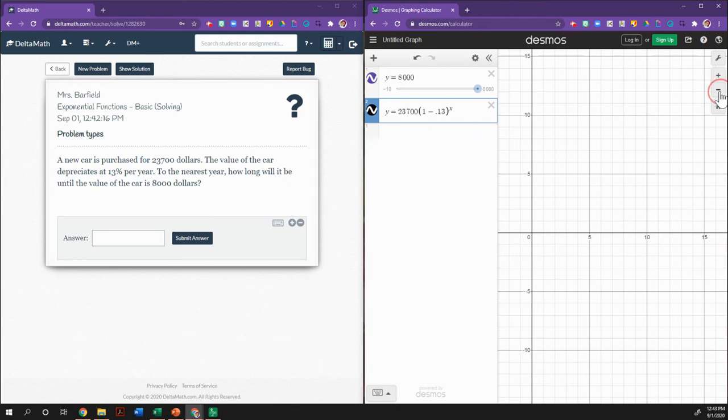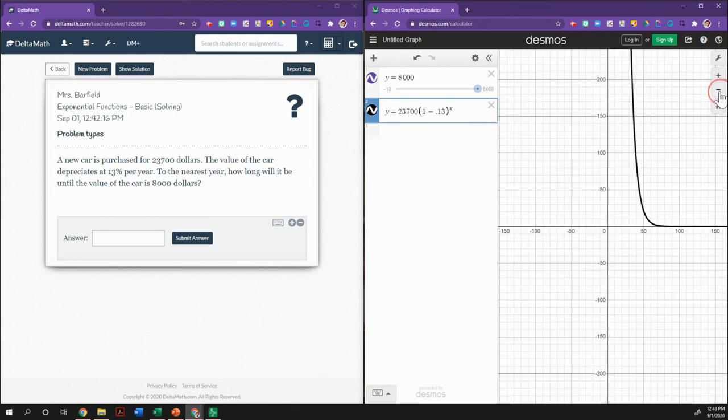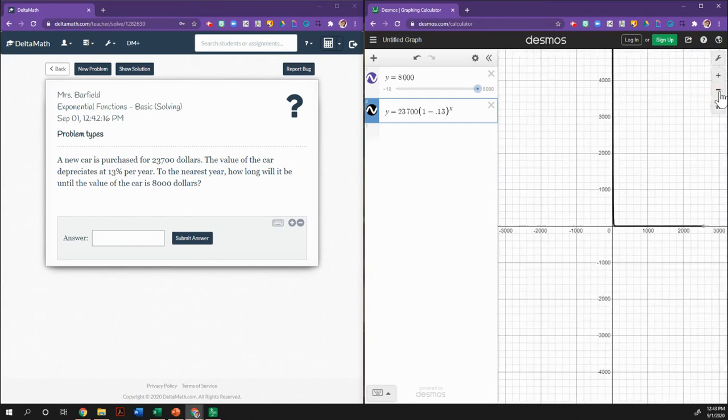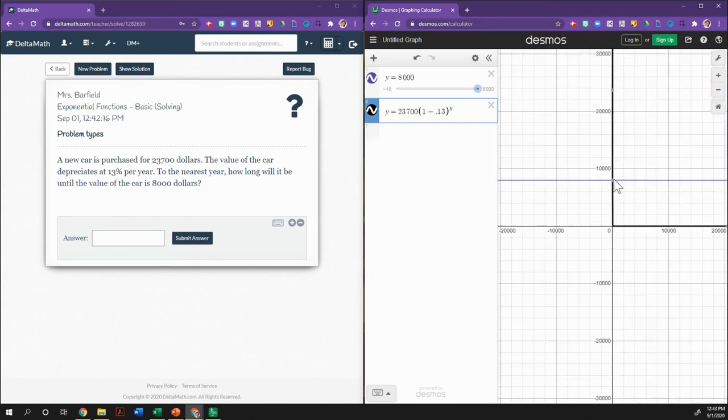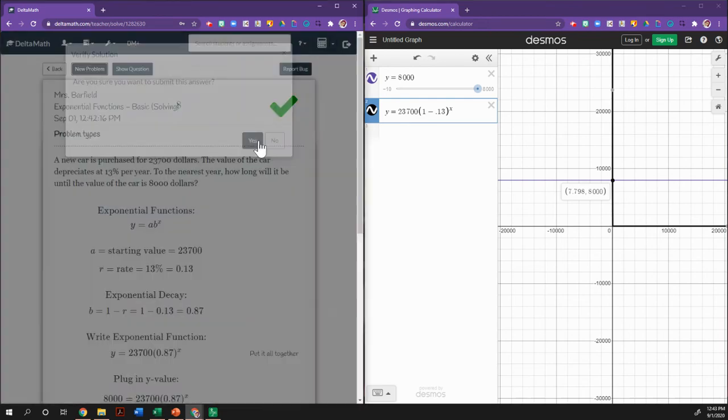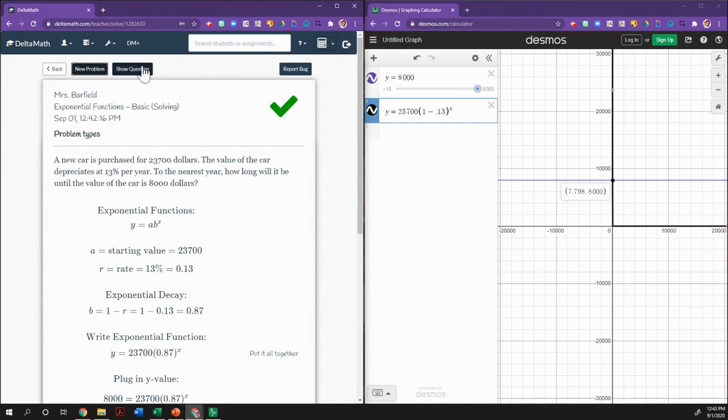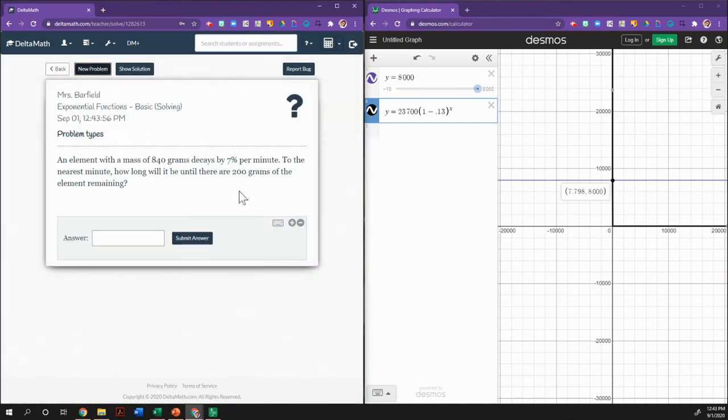Then let's zoom out. There's my exponential. Let's keep zooming out. There it is. So 7.798 and 8,000. To the nearest year, it's going to be about 8 years. There you go.